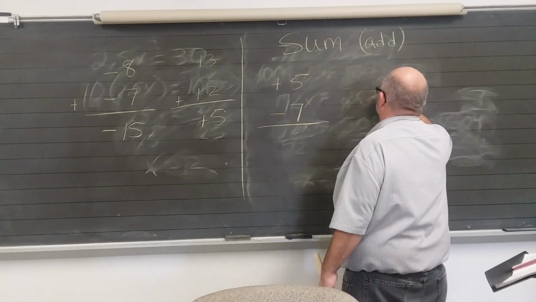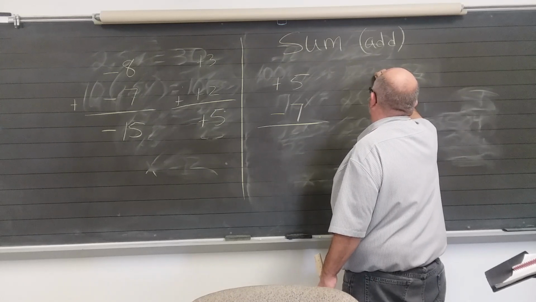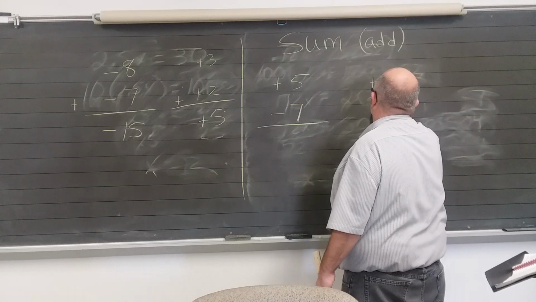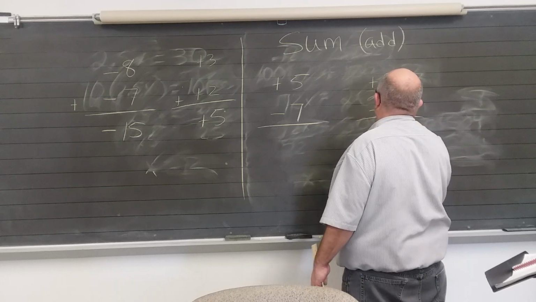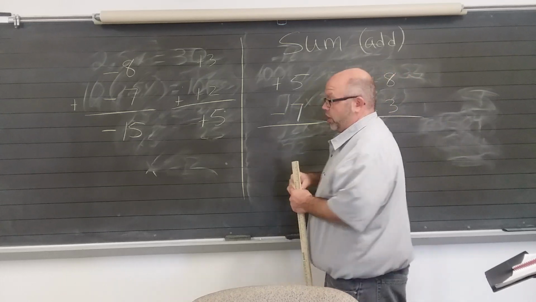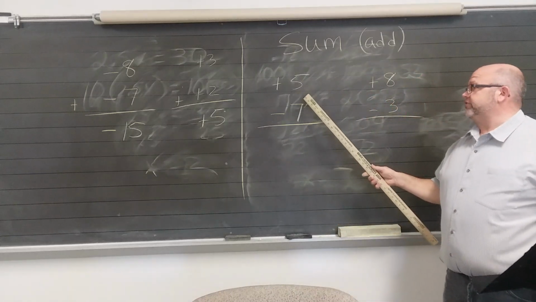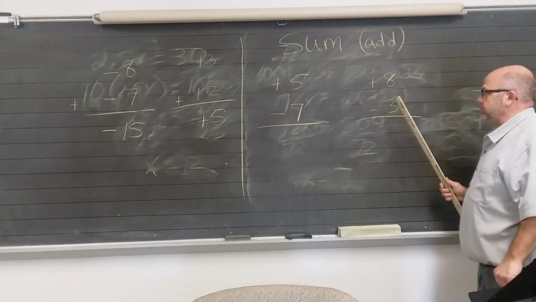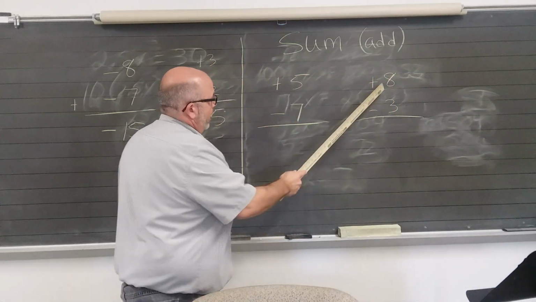Or a +8 plus a -3. Okay, this is all talking about the sum of these two. So what is the sum of +5 and -7? What is the sum of +8 and -3?